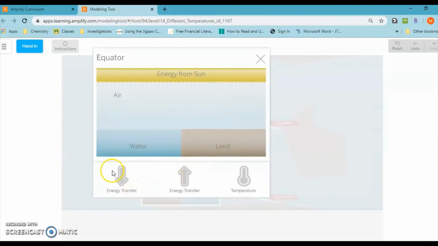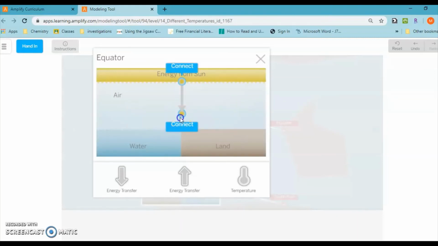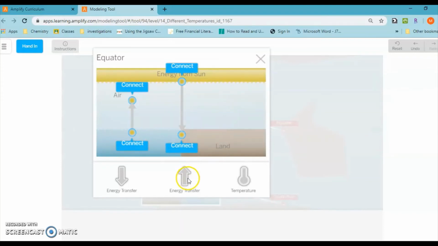We know that energy is transferred from the sun, right? And it's going all the way down to the land and water. And we know that energy is going to be transferred from the land and water to the air.